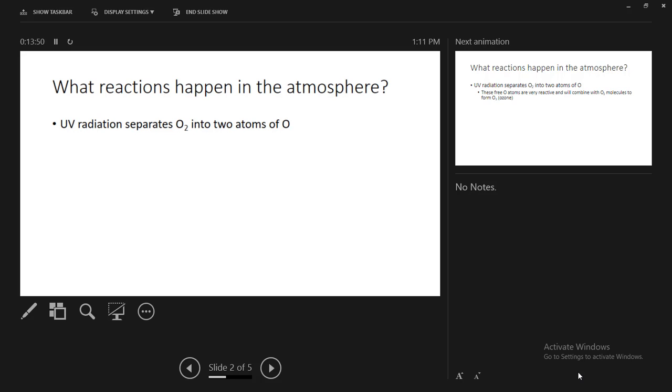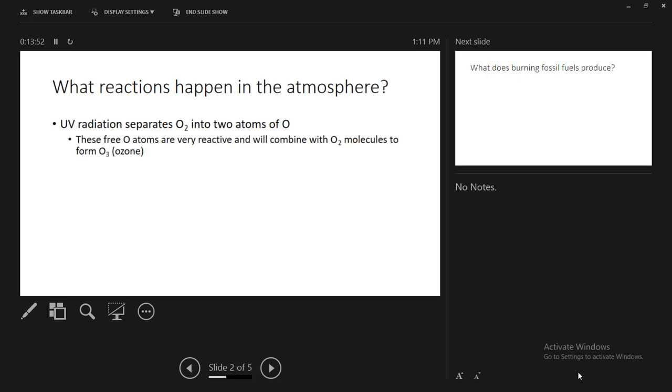Now, the second reaction. These free oxygen atoms that are very reactive will combine with other molecules of oxygen, with O2, to form O3, which is called ozone. So this is reaction 1. I'll give you a moment to write this, and then we'll write down reaction 2.